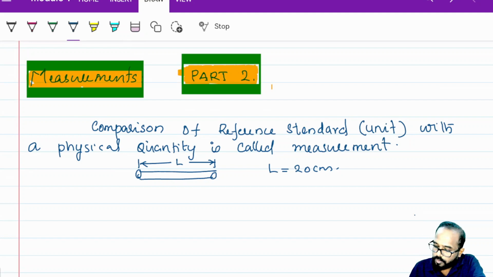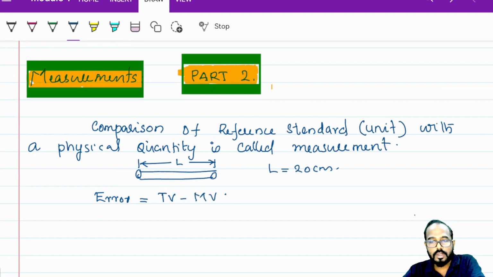So error is the difference between the true value and the measured value. How can you calculate it? True value minus measured value. This error we will study. Two basic types of errors are there.